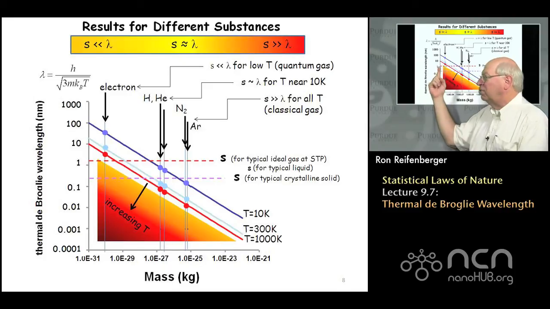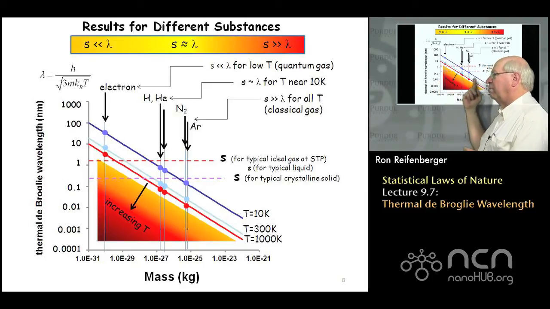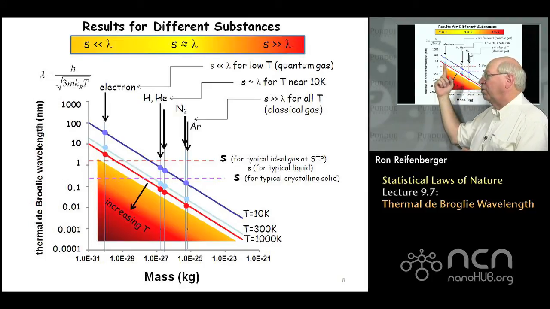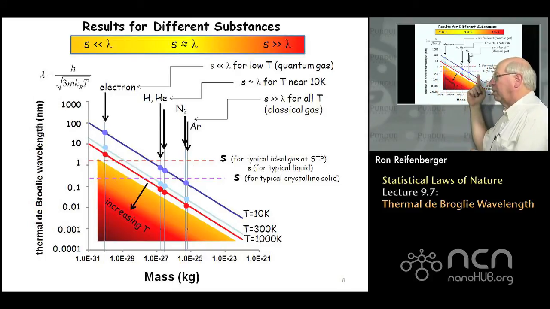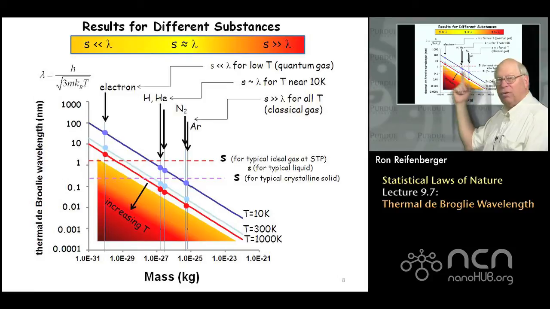The situation is really different when you look at electrons, because the electron mass is very small. It's about 9 times 10 to the minus 31 kilograms. And you can see that for all temperatures that I've plotted, the thermal de Broglie wavelength of an electron is greater than the typical separation between atoms in a crystal.